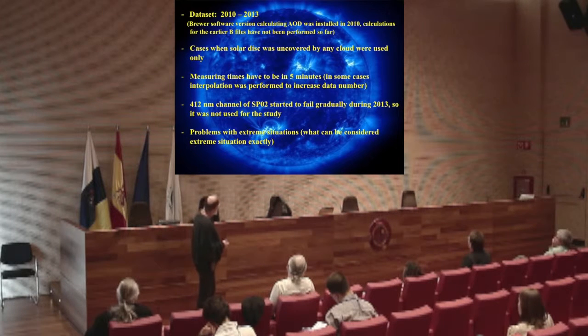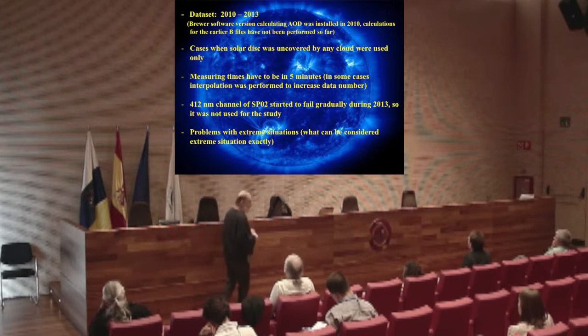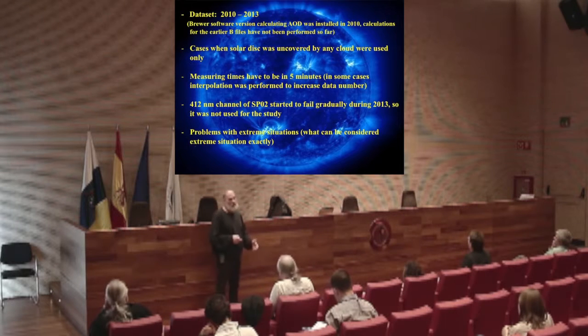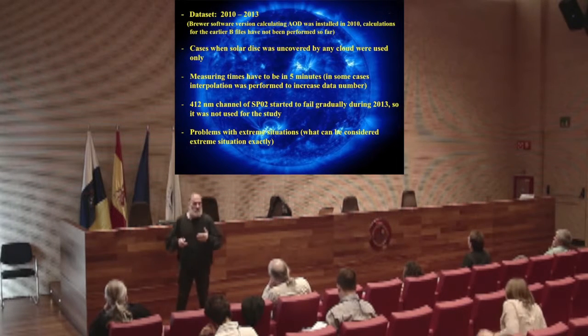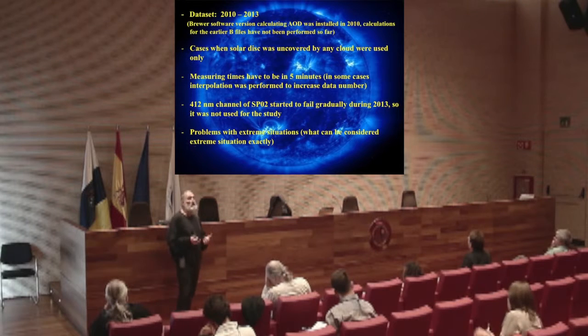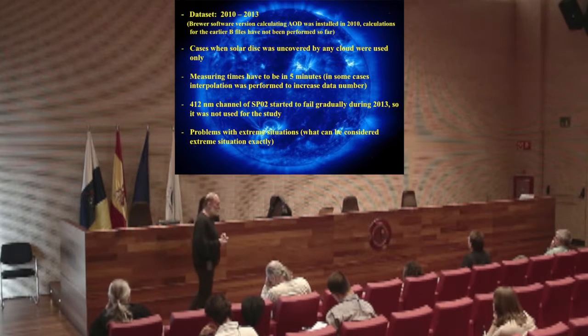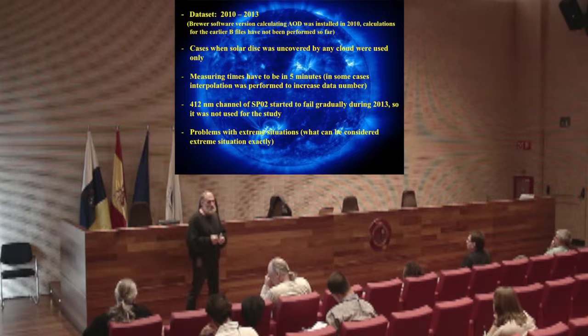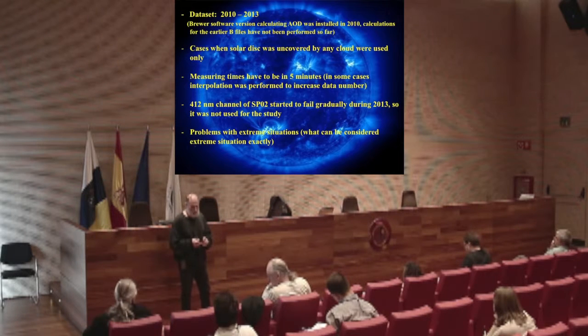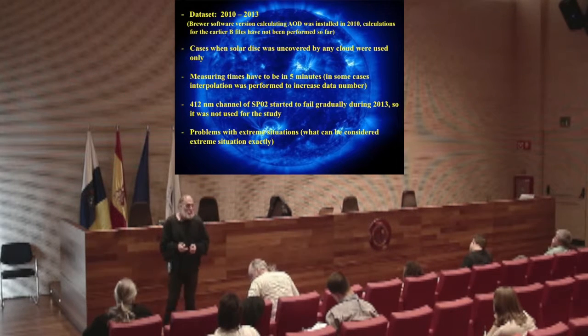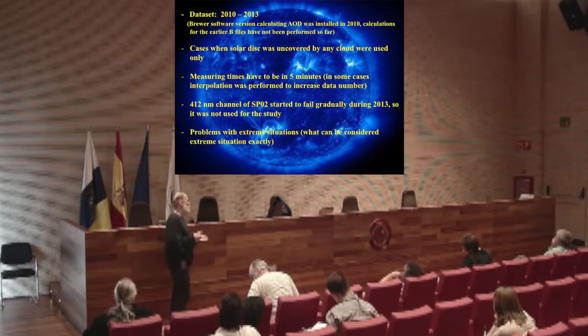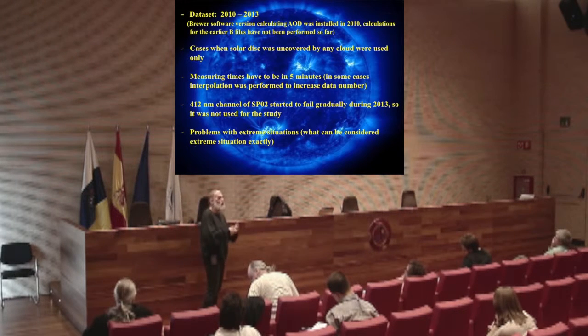Only cases when the solar disk was uncovered by any cloud were used. We have a very complicated, multi-level method to select the uncovered cases. It depends on the problem what we used.